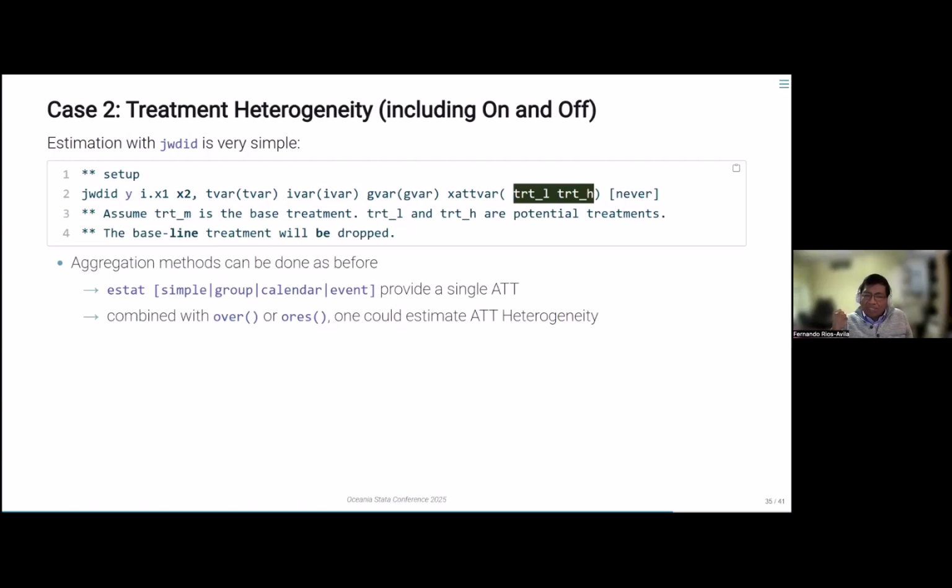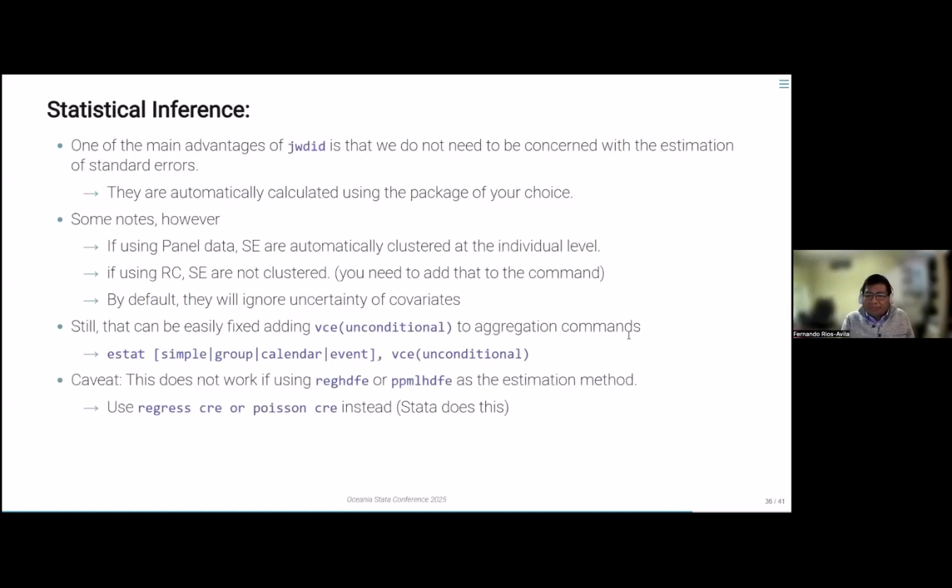For aggregation, once again, you have the same specification as before, that can be combined with over or always. Statistical inference. And good, because we're almost at the end. So for statistical inference, the only thing that you need to be aware of is one of the suggestions from Wooldridge, that when you estimate the aggregates, probably you want to use the unconditional standard errors.